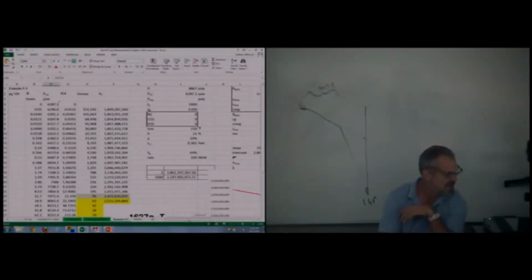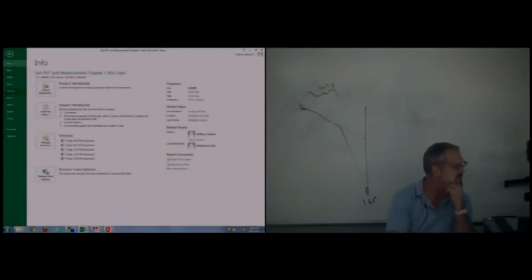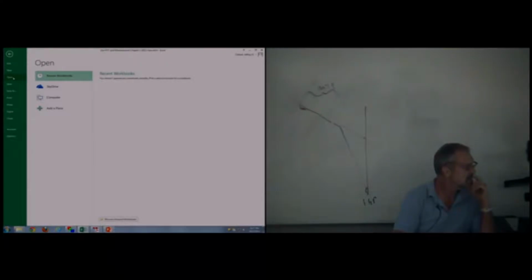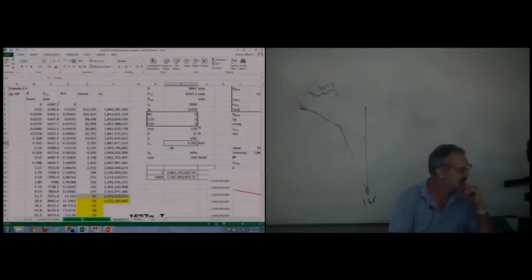Okay. I think the other thing we want to remember to do is recent files. Where's recent files? Recent workbooks. You haven't opened it yet. Let's apply. Oh, it's already open.